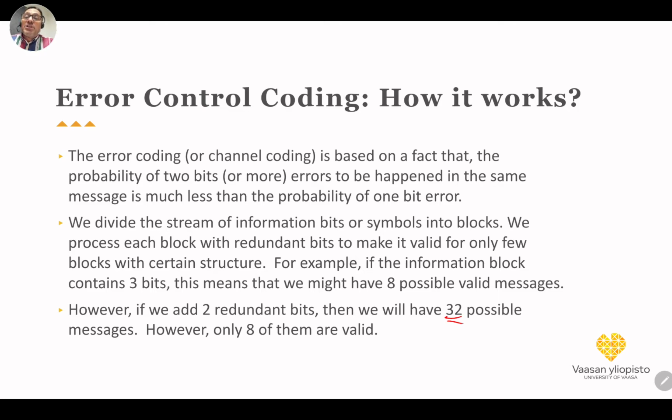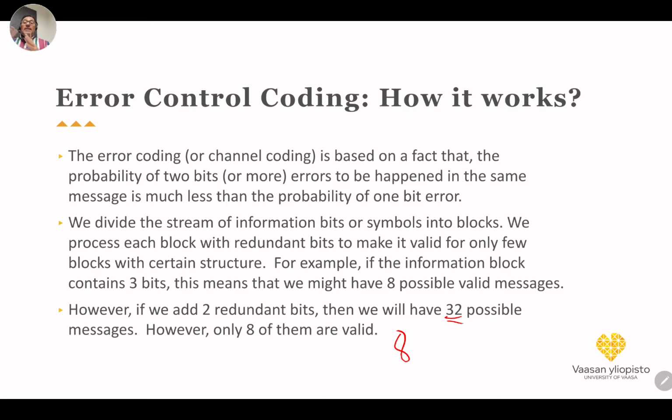How many combinations are allowed? Only 8. 8 out of 32 are valid, because the valid packets are those that correspond to one of those 3-bit information words. All the other 32 minus 8 combinations are not valid.